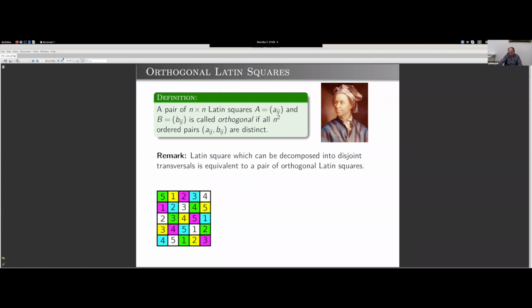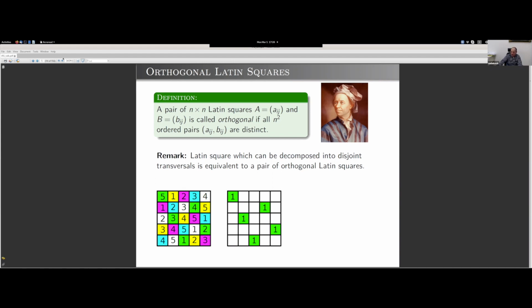So again, let's do this. I showed you on the previous slide a Latin square which was decomposed into disjoint transversals. What you can do is take an empty square, and look at the first transversal, which was green, and instead of these numbers, you put all 1s. Note that this is legitimate because these 5 entries appear in different rows and different columns.